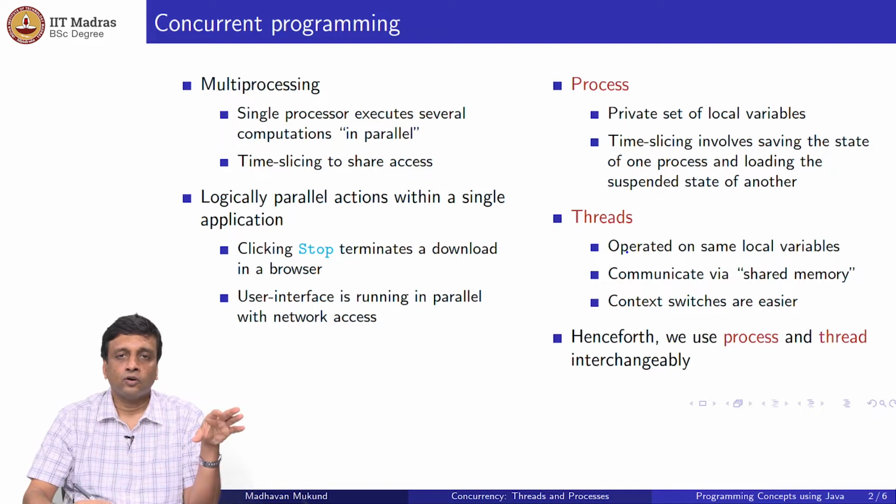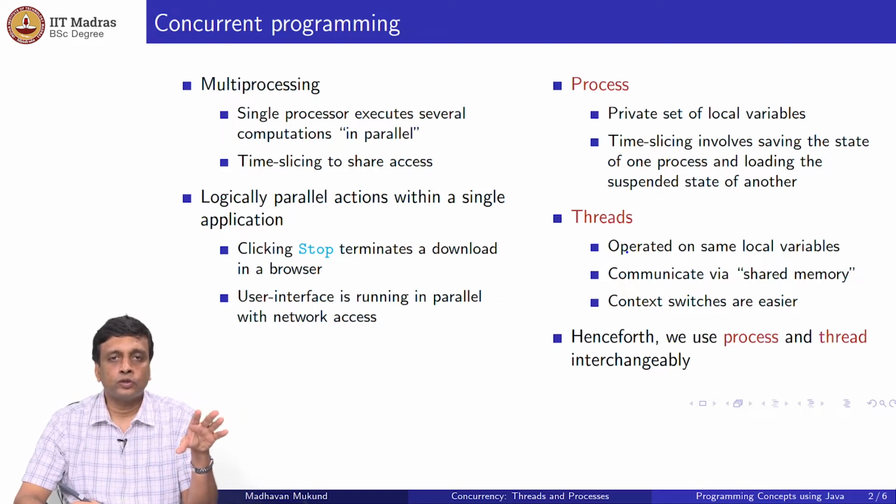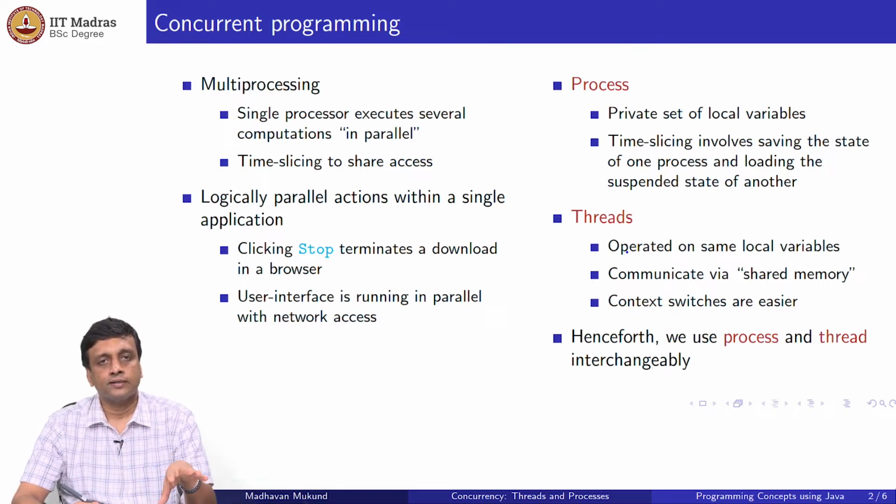We are not really going to distinguish between these two terms. We are generally going to talk about threads, but in some abstract discussion about how to coordinate threads, we will occasionally use the term process, but we don't intend that there is any significant difference between the use of the word process and the word thread as far as we are concerned in this discussion of concurrent programming in Java.